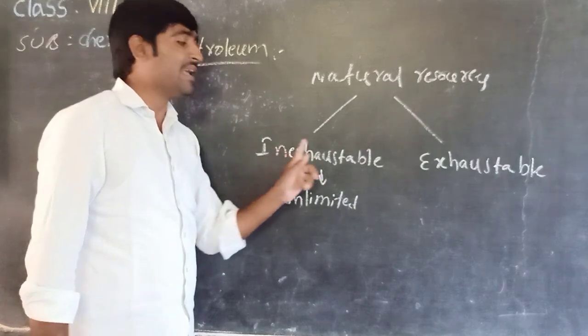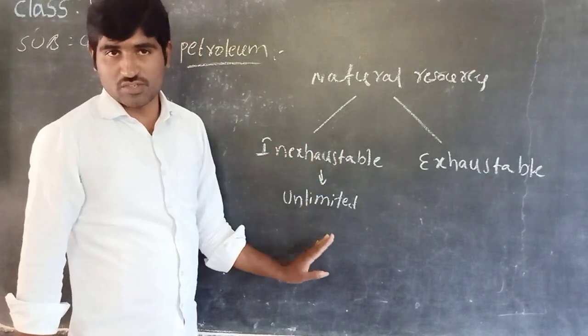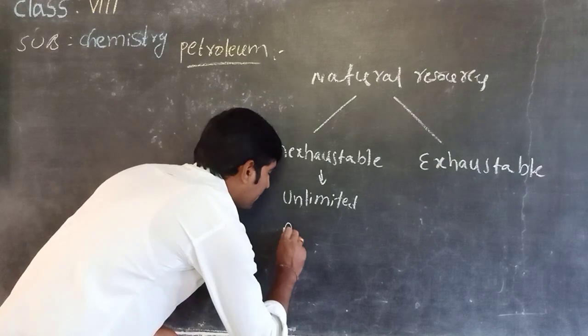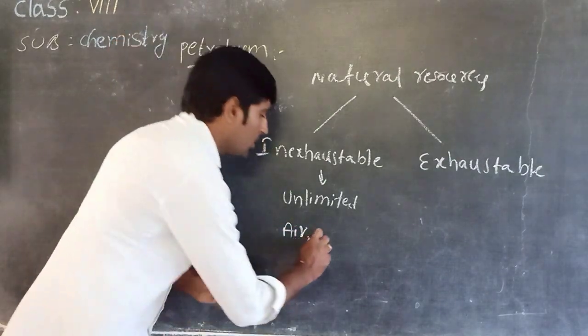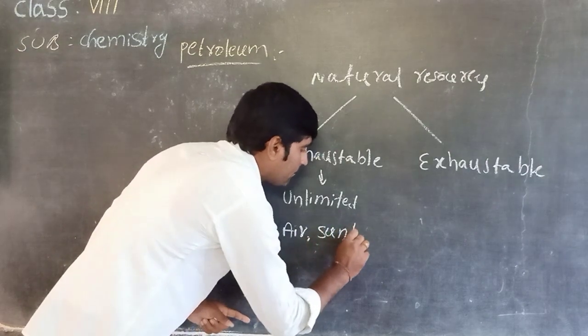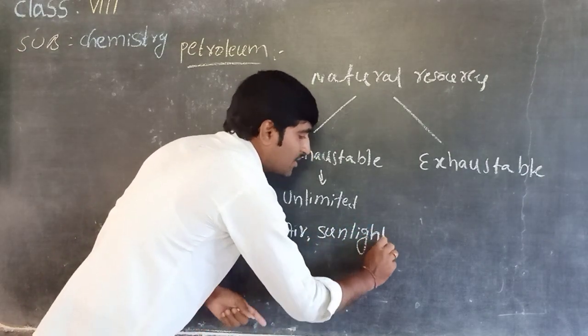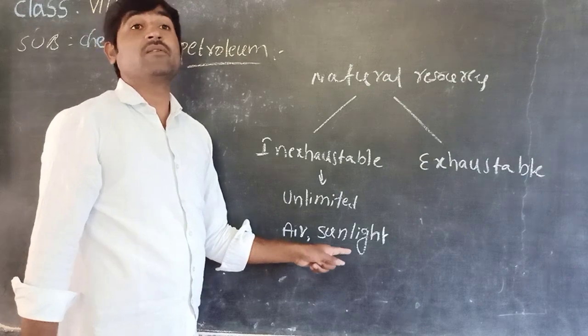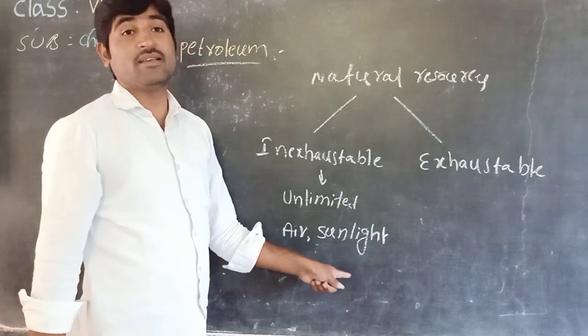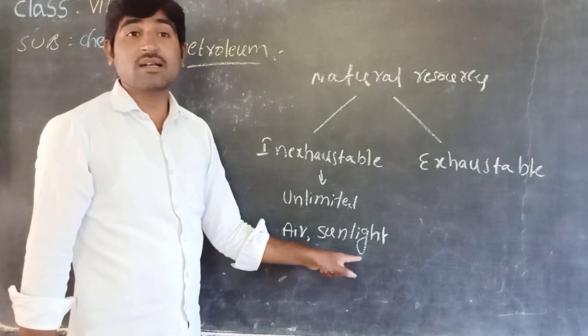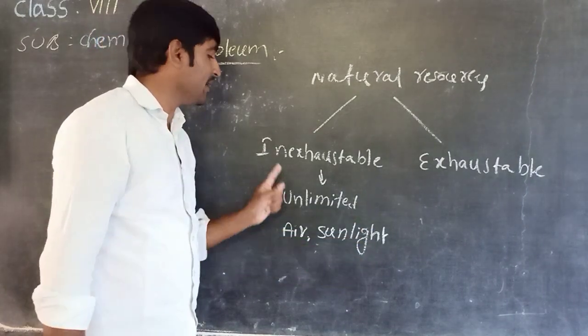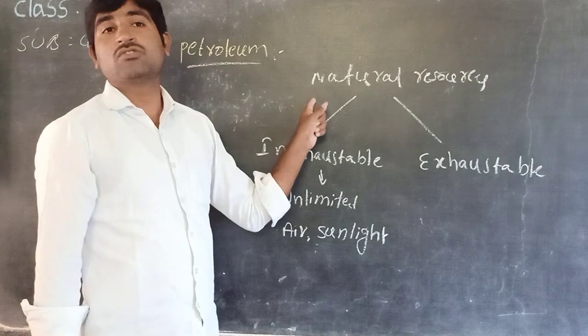For example, air. Is air going to be completed, children? No. Take sunlight. Will you complete the sunlight, children? No. That means on using by human beings, these are not going to be completed. That kind of resources are said to be inexhaustible natural resources.